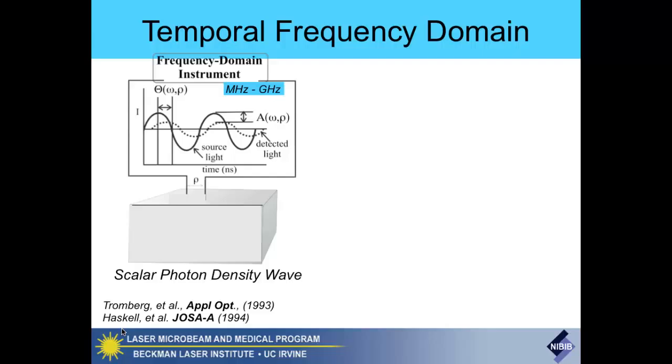We need to be within or around the lowest one, which is the absorption relaxation time, on the order of half a nanosecond. So we need waves fast enough to probe processes on that time scale. We're going to modulate light in the megahertz to gigahertz regime because that's fast enough to get a response from the tissue.